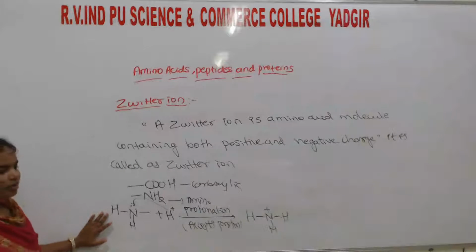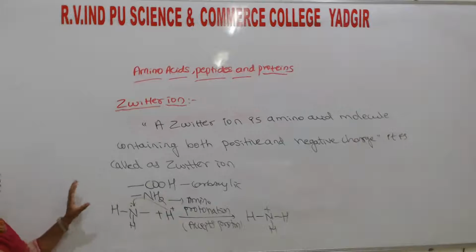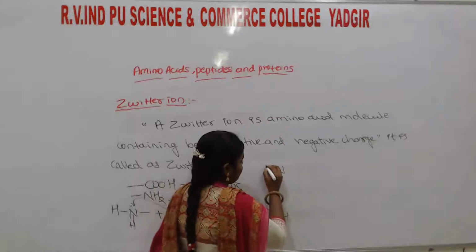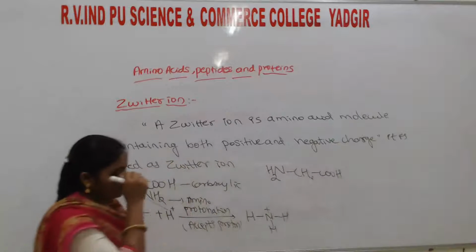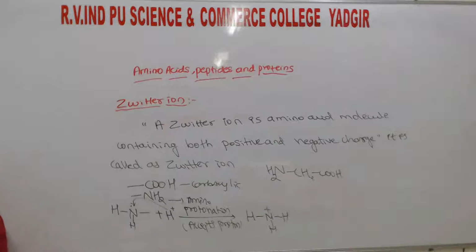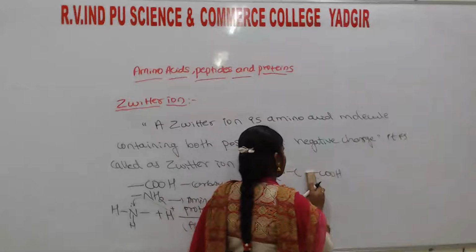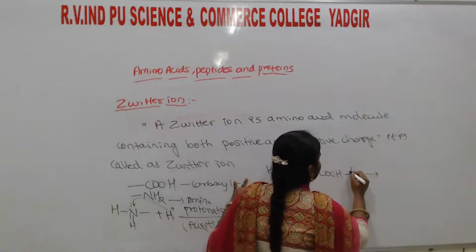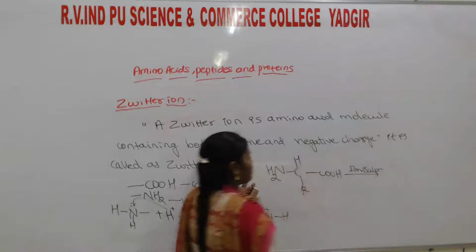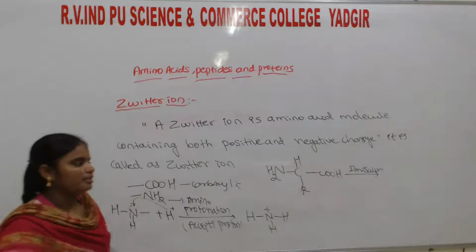I take an example of an amino acid for this Zwitter ion: glycine. Glycine is NH2 CH2 COOH. When ionization takes place in water, it is dissolved in water.